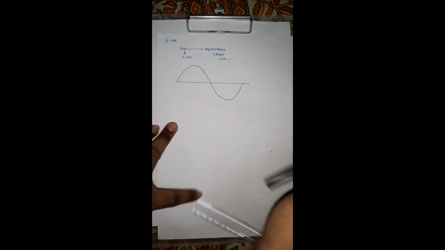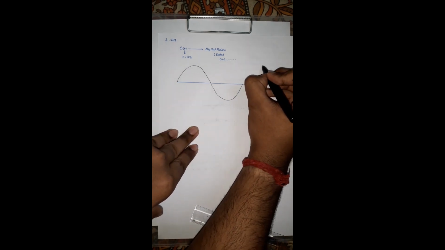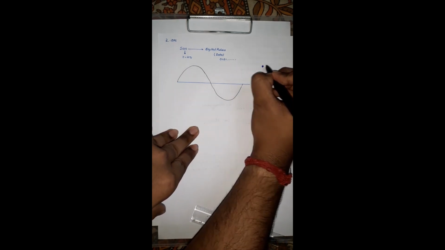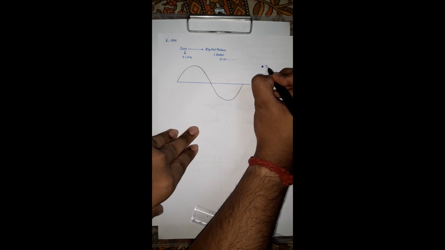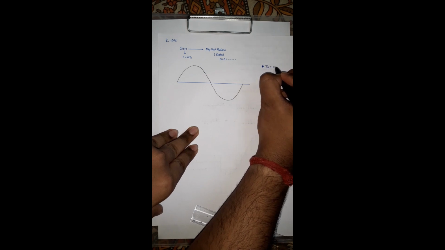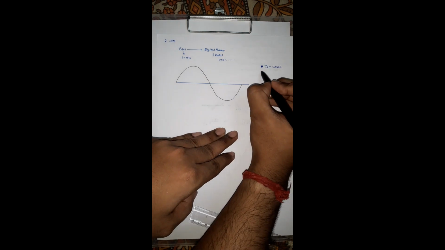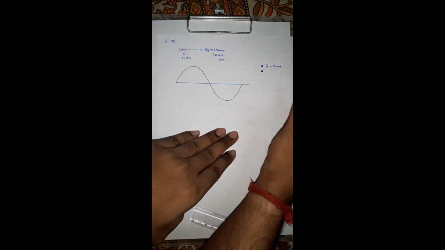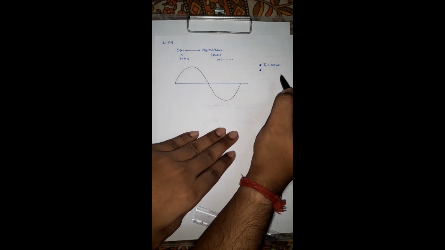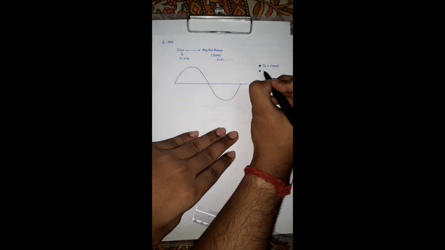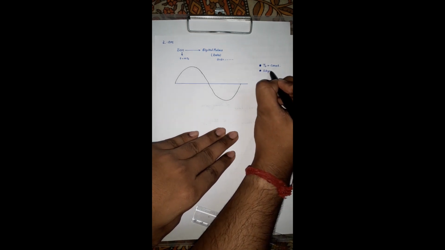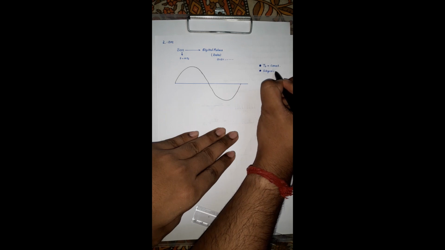For delta modulation, two things must be assumed: the sampling time interval Ts is constant, which means we cannot change the value of Ts, and the step size is also constant.